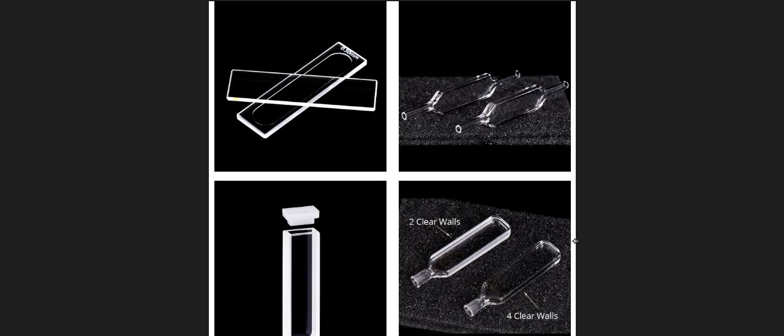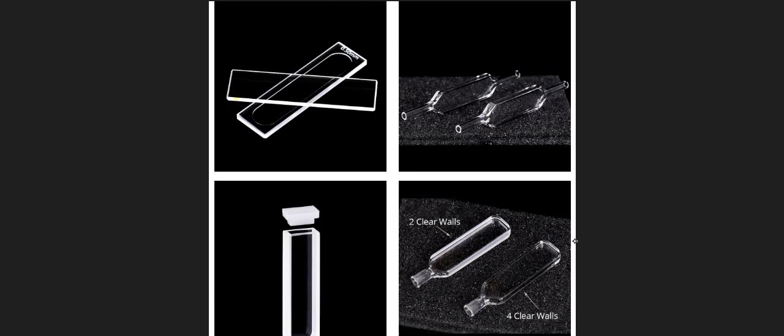For example, if you have a cell of dimension like 2 millimeter by 10 millimeter, that is 2 by 10, one side is 2 mm, second side is 10 mm, and all the four sides are transparent, then that can be used in both ways.